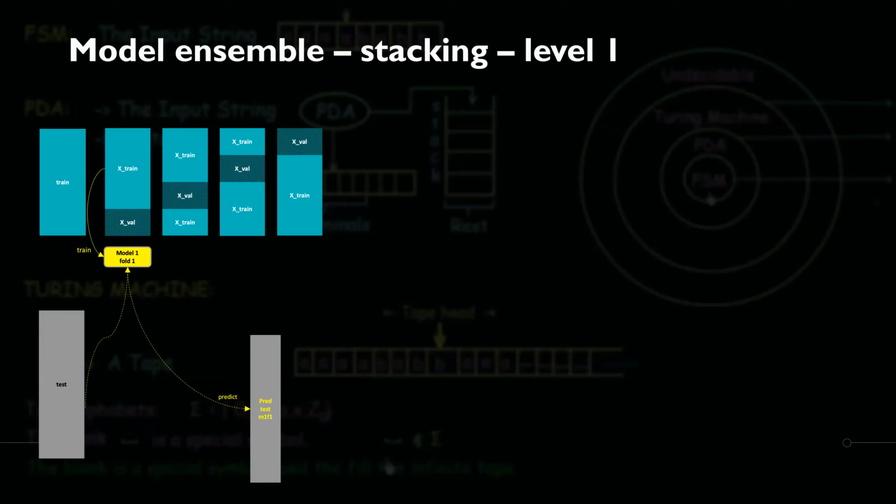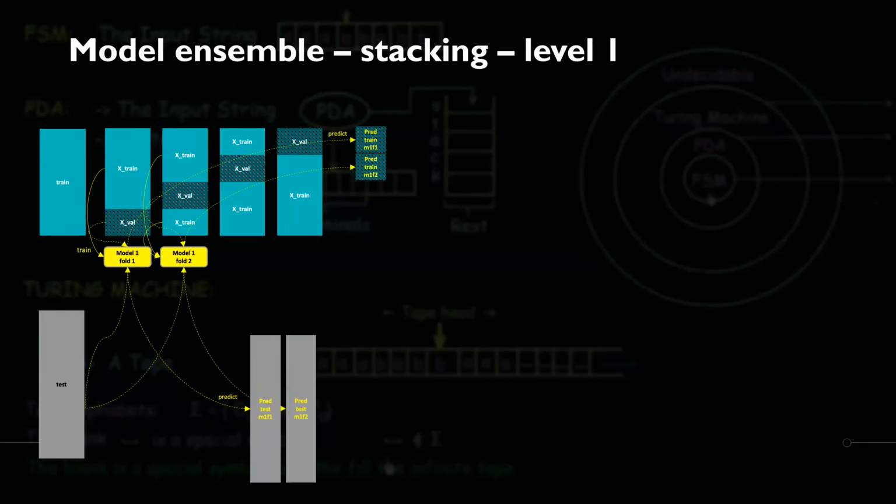This is for the first fold. In the meantime, we can use the trained model to make predictions on the rest, the last 25% of the data.